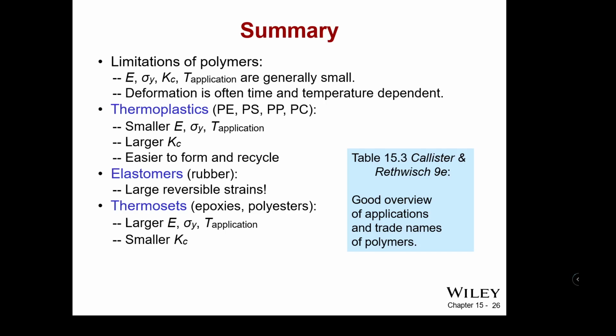Then there's larger stiffness, larger yield stress, and higher temperature applications: thermosets like epoxies and polyesters, with smaller KC. This helps to set the boundaries for these. Anyway, again, a lot of information to throw at you.